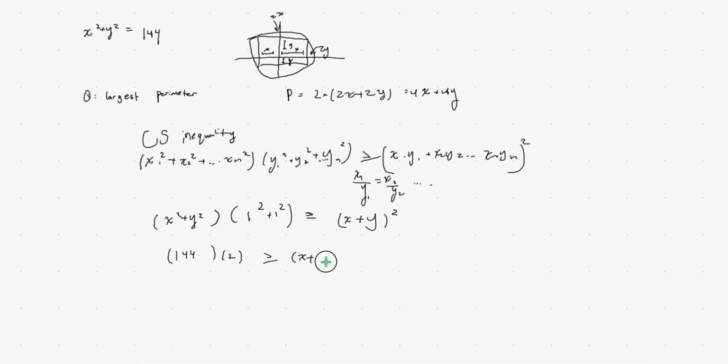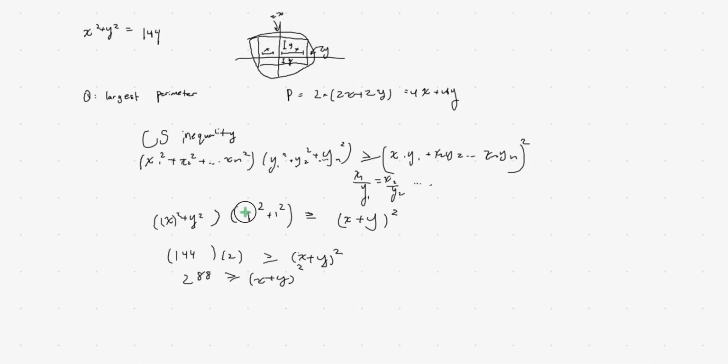(x plus y) squared, and 288 is greater than or equal to (x plus y) squared. Okay, so let me just try to explain this one more time. So x squared plus y squared, we put it in here, this part, and then because we want the right hand side to have x plus y or something like that, we can just put 1 here.